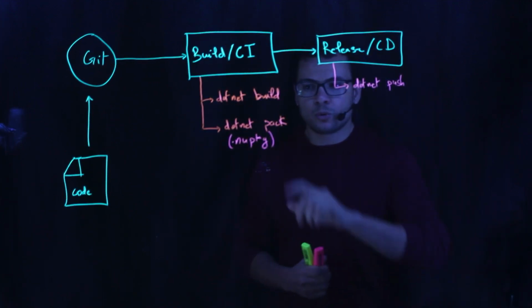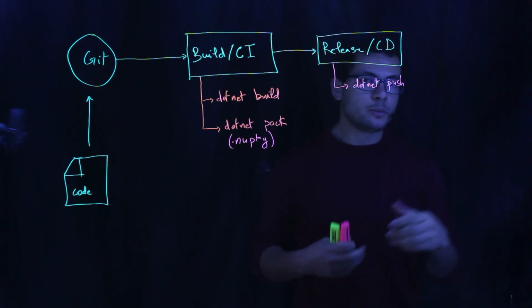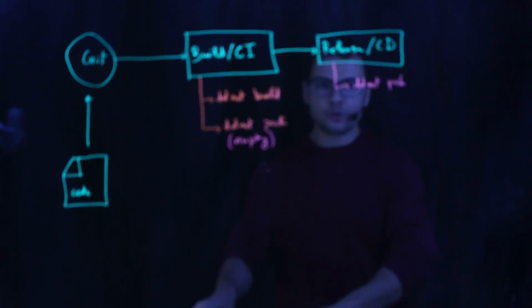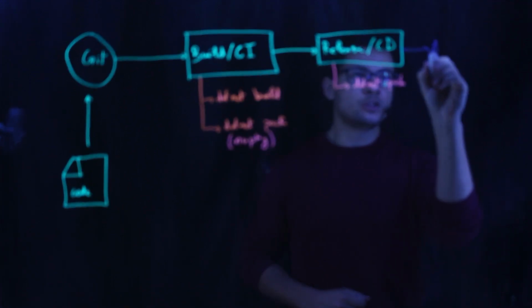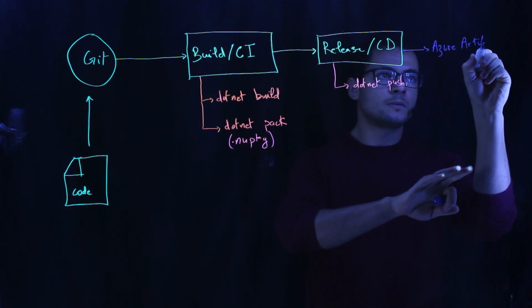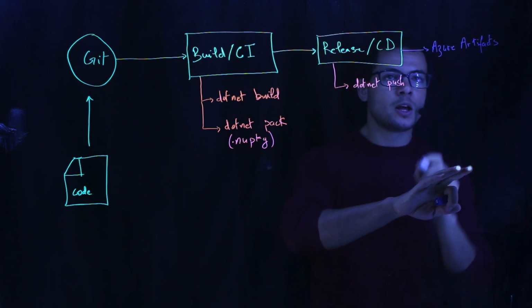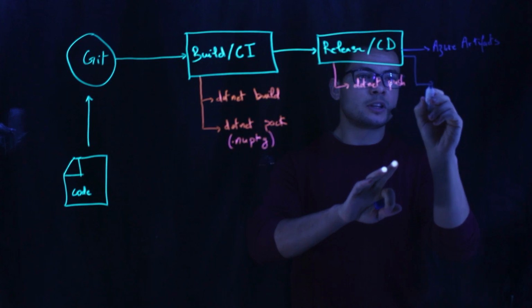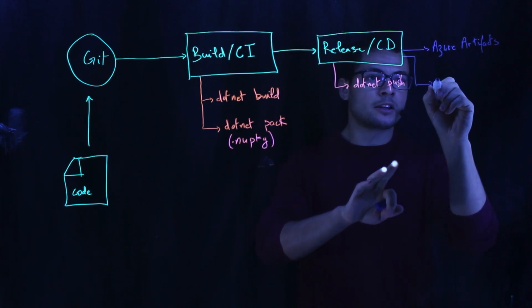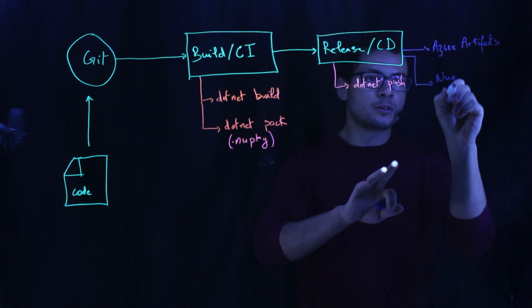With dotnet push, we can deploy to multiple sources. First of all, we can use Azure DevOps, for example, or Azure using Azure Artifacts. But we can also deploy to other public repositories, like nuget.org, for example.